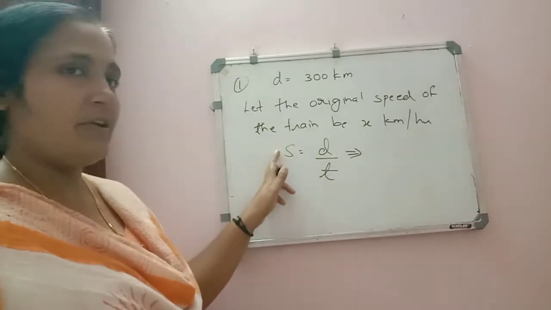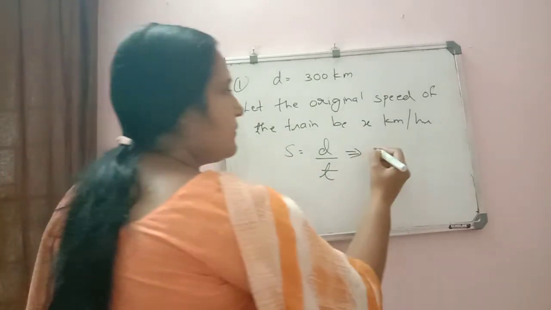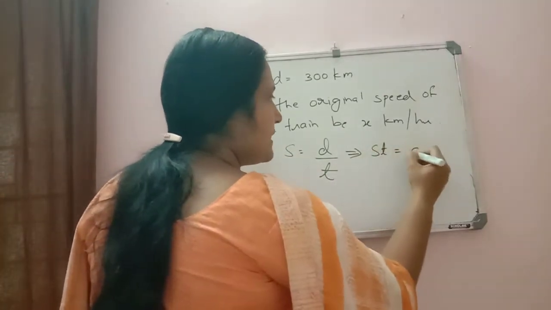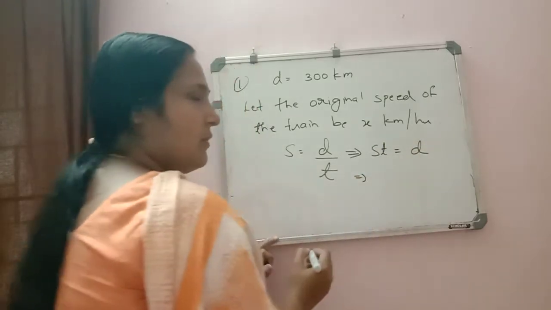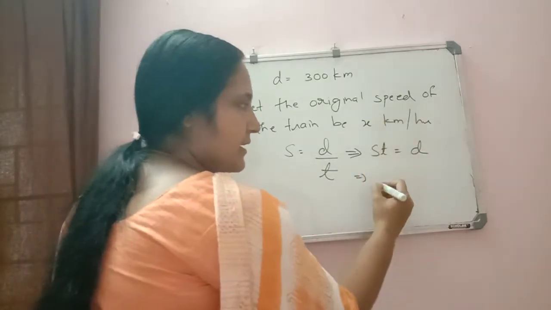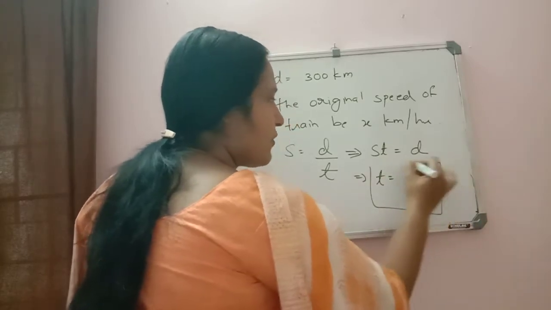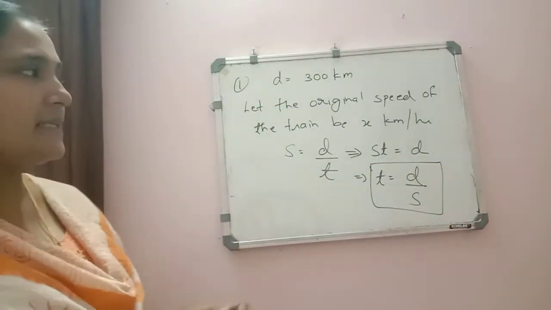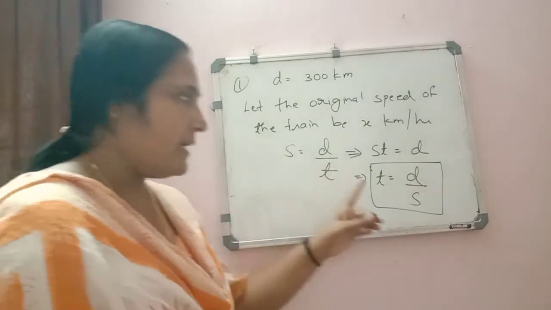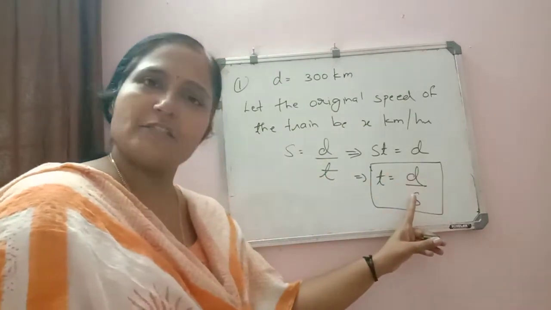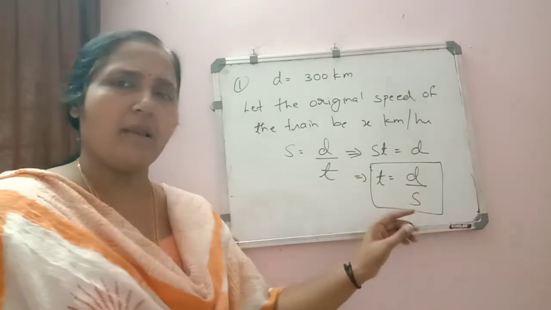This t I am shifting to the left hand side, so speed into time is equal to distance. Now we have to find time, so time will be equal to distance by speed. We are going to use this formula to solve these types of questions: time is equal to distance by speed.